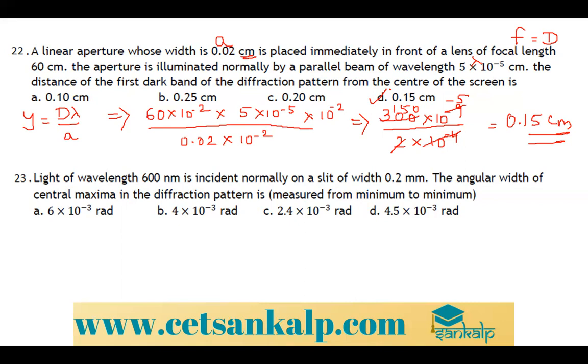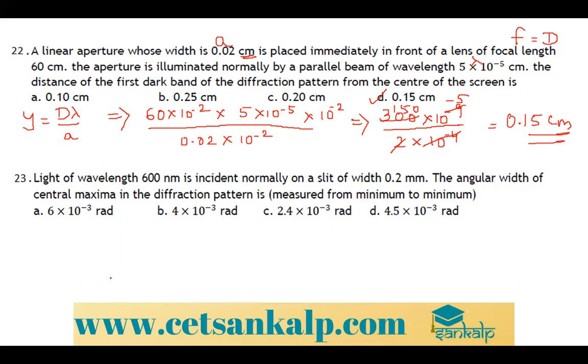Next, light of wavelength 600 nanometer is incident normally on a slit of width 0.2 mm. The angular width of central maxima in the diffraction pattern is, so measured from minimum to maximum.